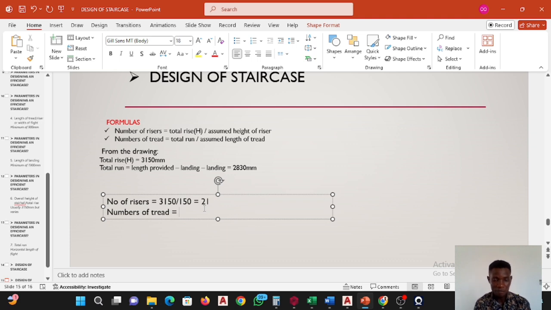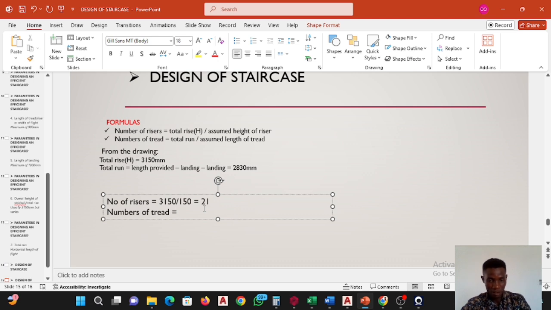If at the beginning of a stair you have a landing, and at the end you have another landing, and your riser is 21, then your thread will be 20. If you have three landings, a landing at the starting point, a landing in the middle of the two flights, and another landing at the end, then your number of thread will reduce to 19.